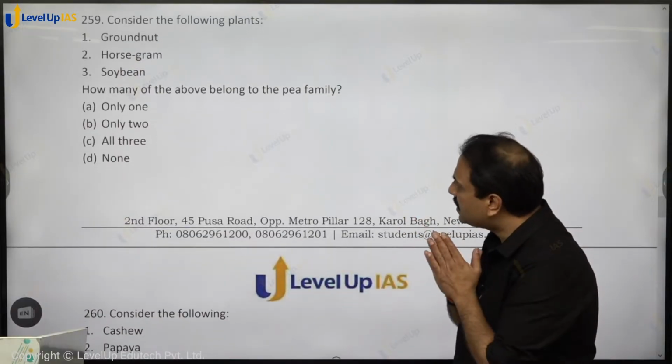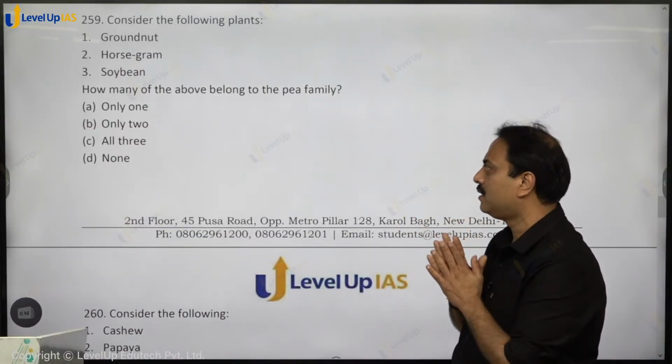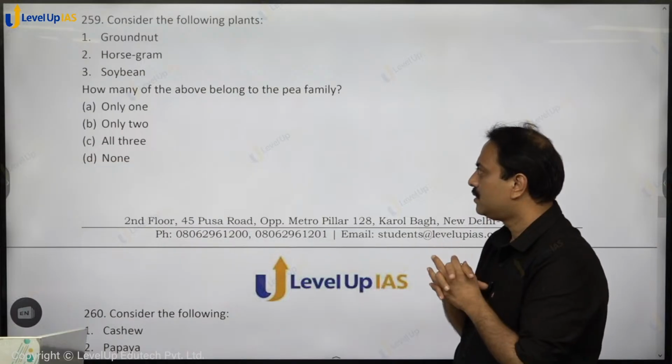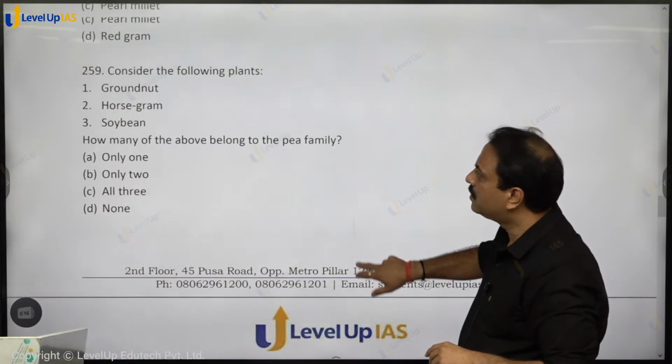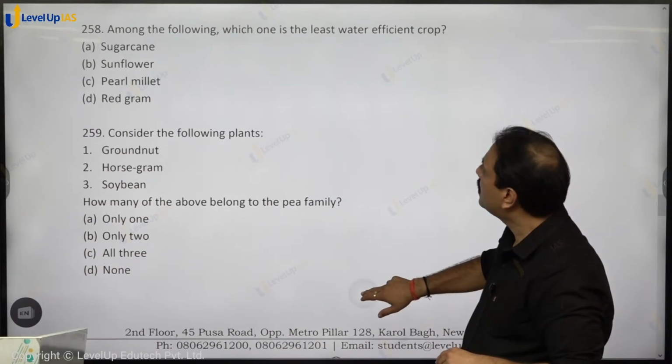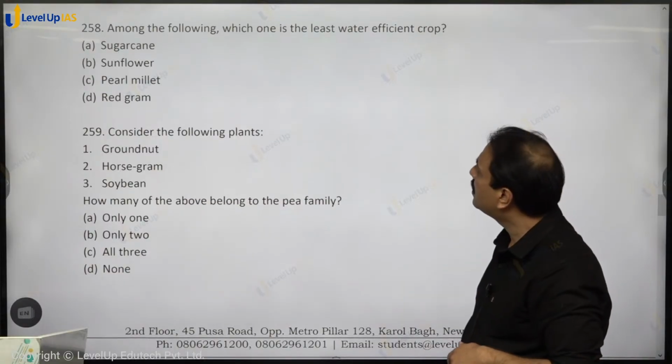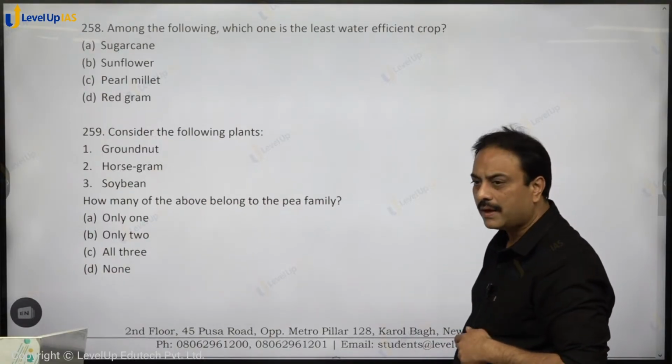Consider the following plants: groundnut, horse gram, soybean. Least water efficient.